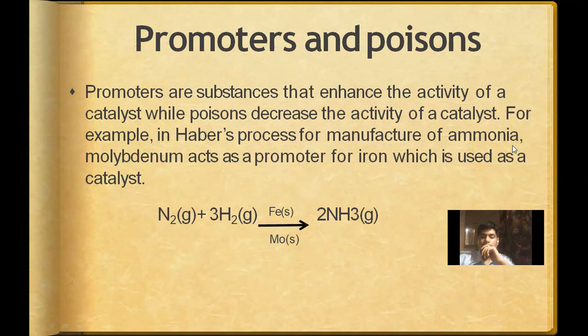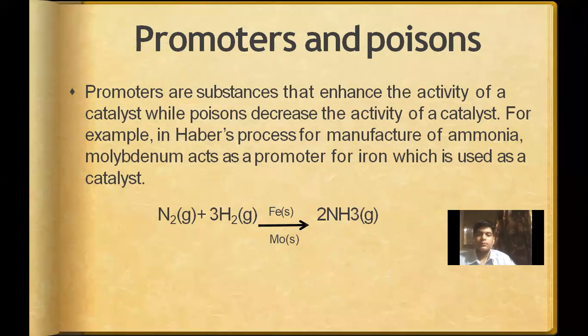For example, in the Haber process of manufacturing ammonia, molybdenum acts as a promoter for iron, which is used as the catalyst. You can see on the arrow we have iron and molybdenum here. Iron is used as the catalyst here, and molybdenum is a promoter.